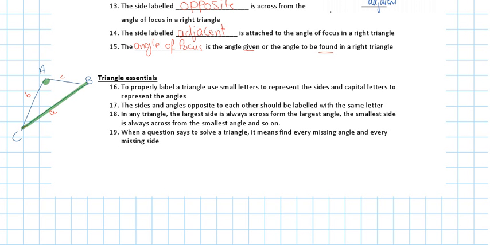The biggest angle is going to have the biggest opposite side, and the smallest angle is going to have the smallest opposite side. Does that make sense? So if you look at angle C, side C is going to be the smallest because angle C is the smallest.